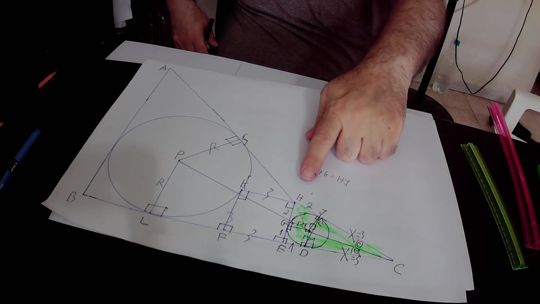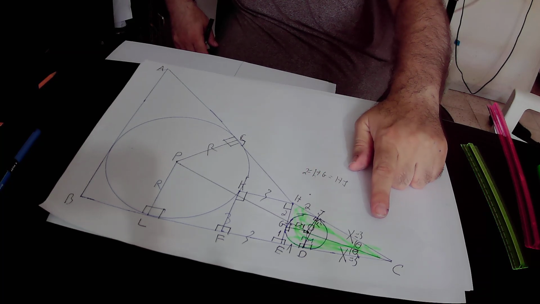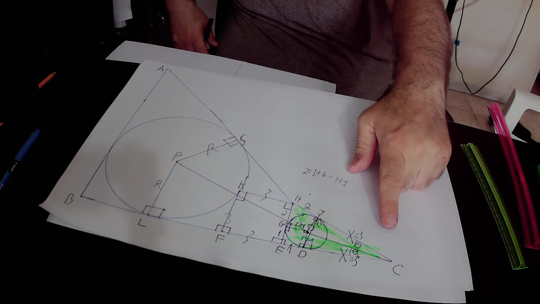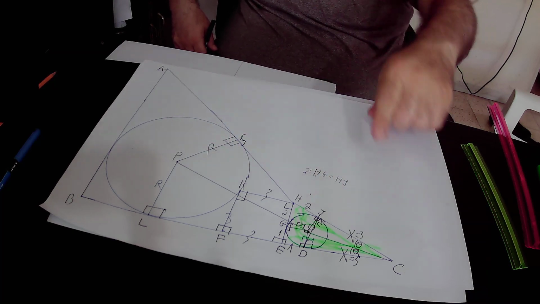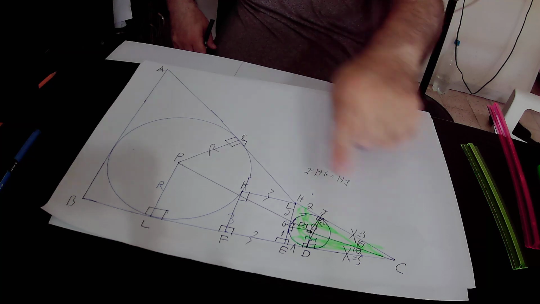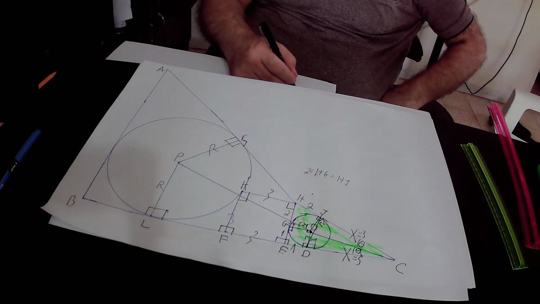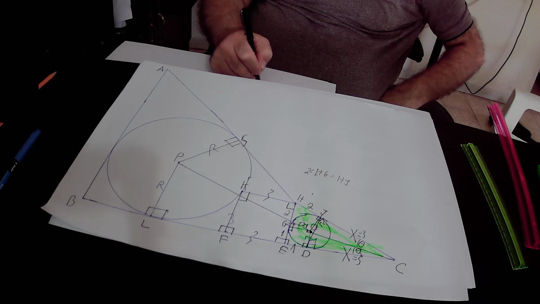It does not look like that in the drawing, but that's the problem of the drawing. So we have tangent CS and tangent CL. So here CS equals CL according to rule number 2.